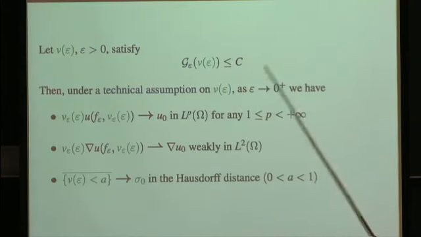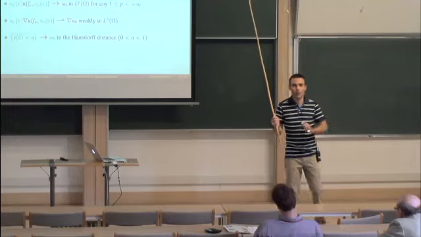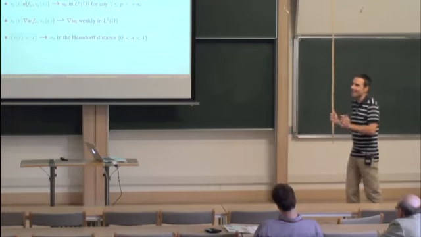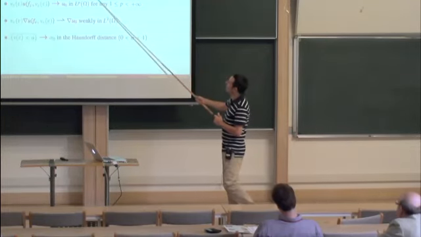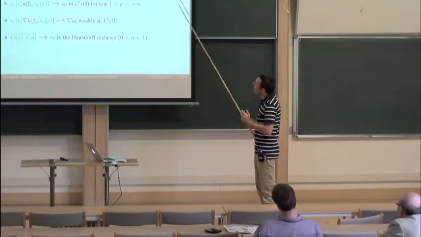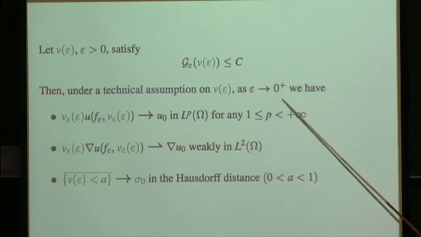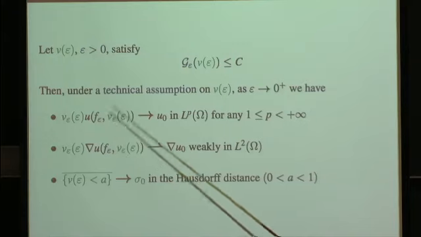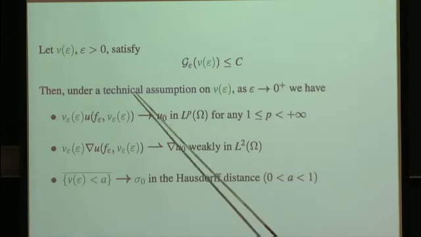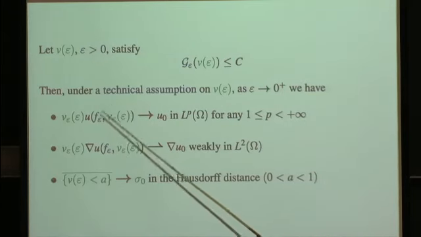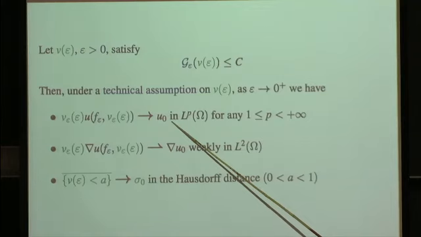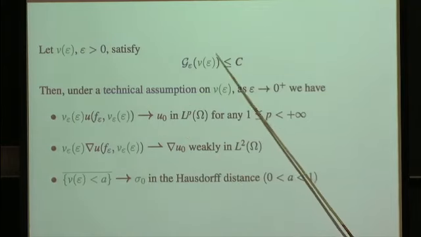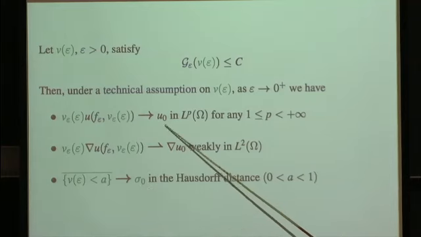I need a technical assumption on V epsilon, because working with BV is not easy. But then, as the noise level goes to 0, you can construct this function from V epsilon, and it converges to U naught, the exact solution. So the solution is a good approximation.